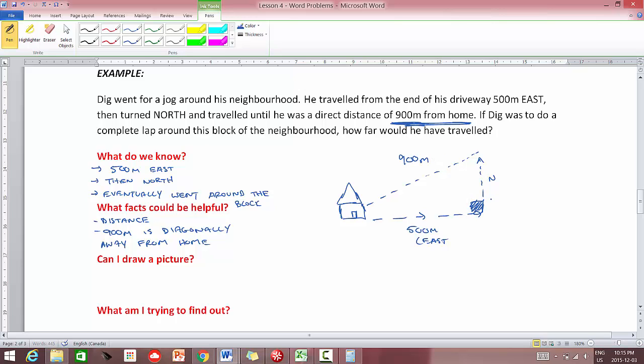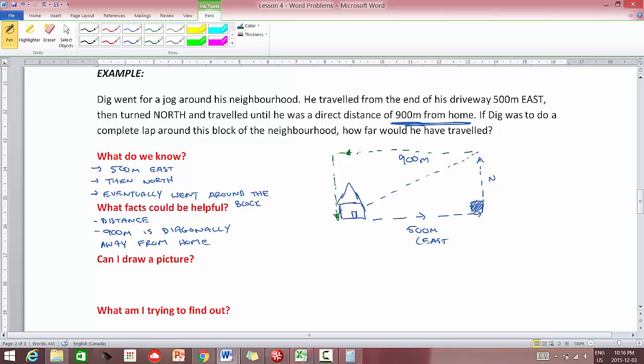But what the question is really asking is that if this guy completed an entire lap around his block, he would have gone back this way, and then back down, and ended off back at his house. So we went all the way around.